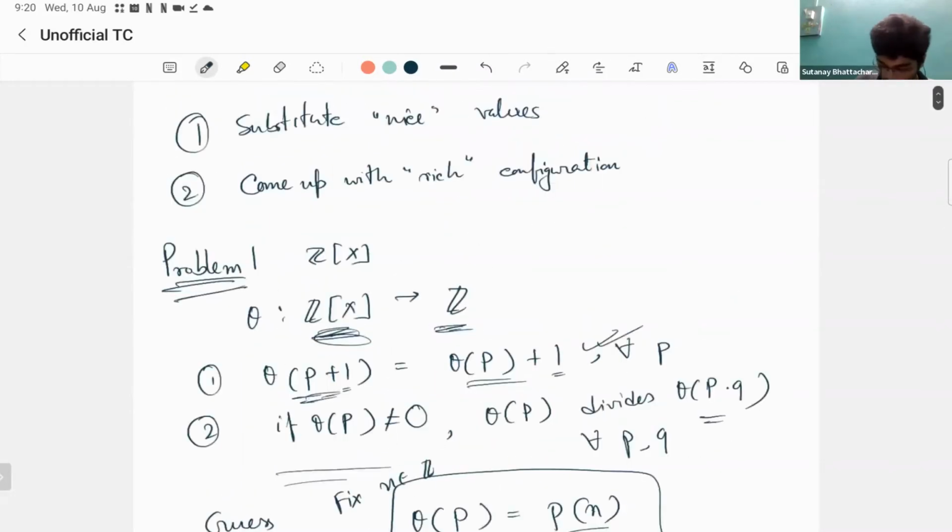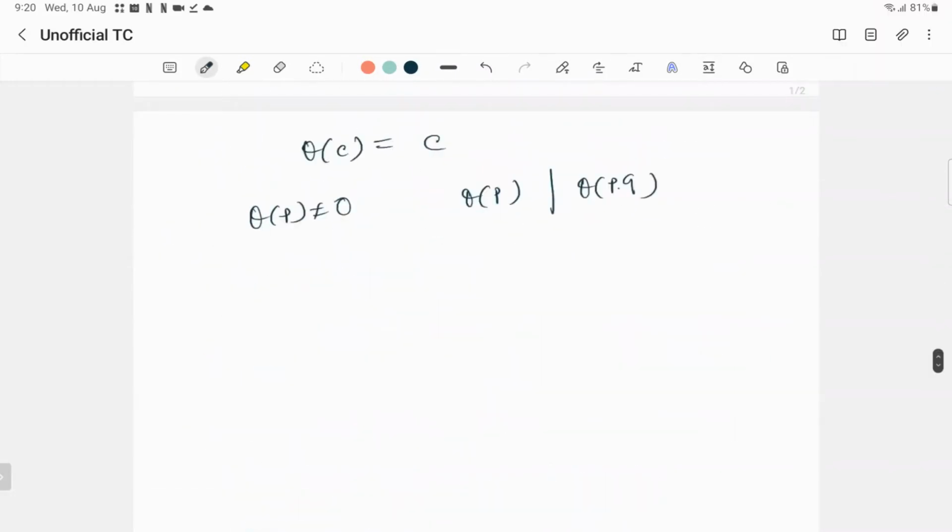So theta of P divides theta of P times Q. Maybe it just tries to force the constant term of the polynomial theta to be 0.